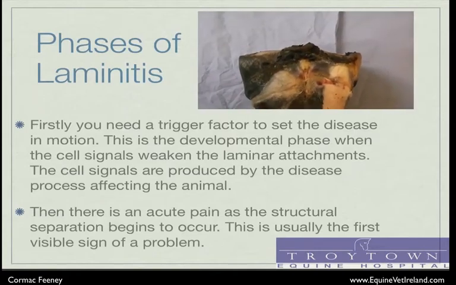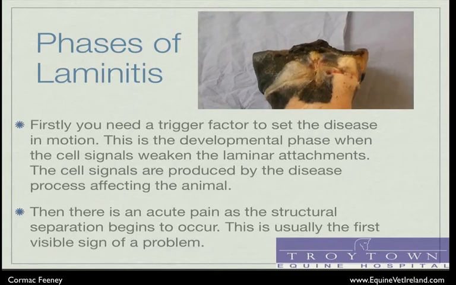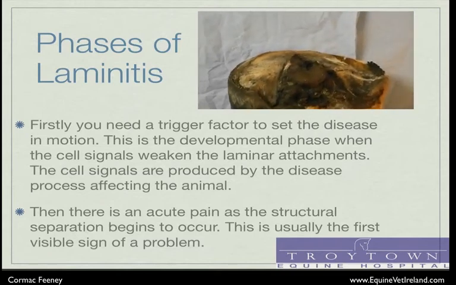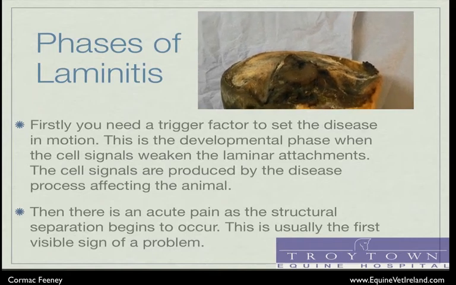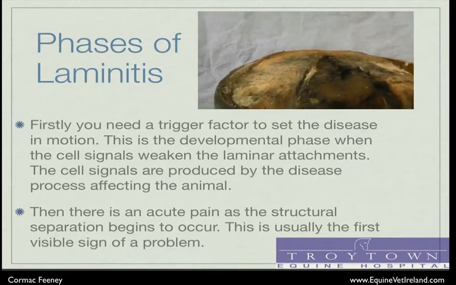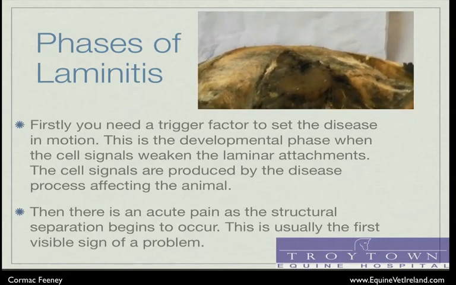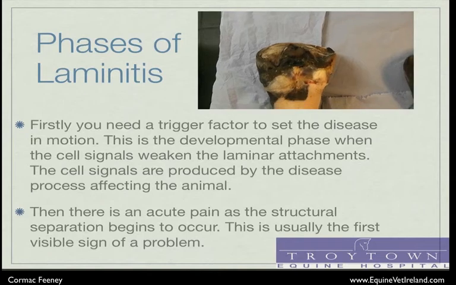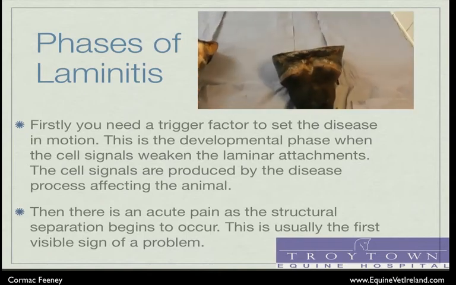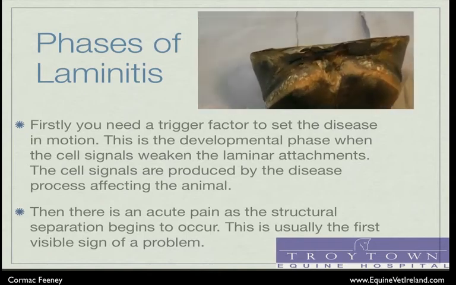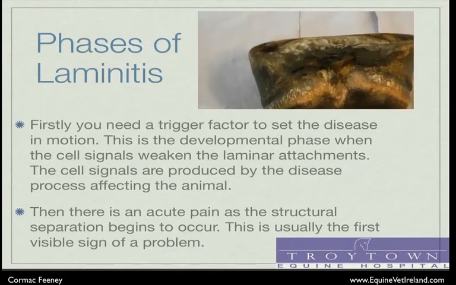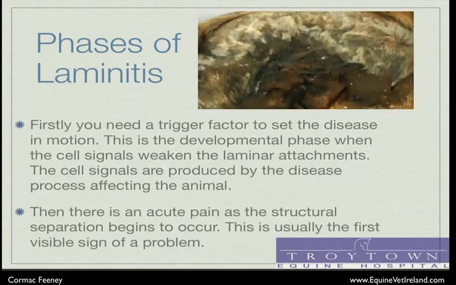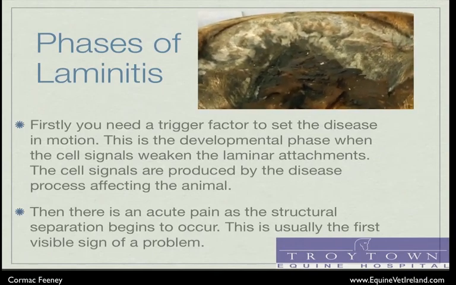So, laminitis has several phases. The initial insult to the laminae, due to the disease that the horse is suffering, instructs the cells that are holding on to each other on the hoof and pedal bone side of the attachment to let go. As in, the tight junctions, which are the little connections between the cells of the laminae, which are holding the hoof firmly in position to the pedal bone, are affected by the disease and begin to loosen their attachments.